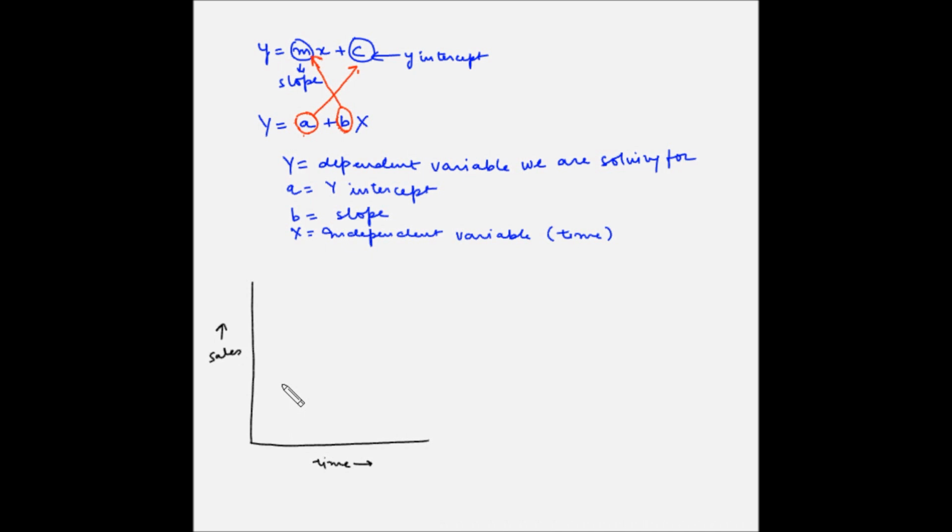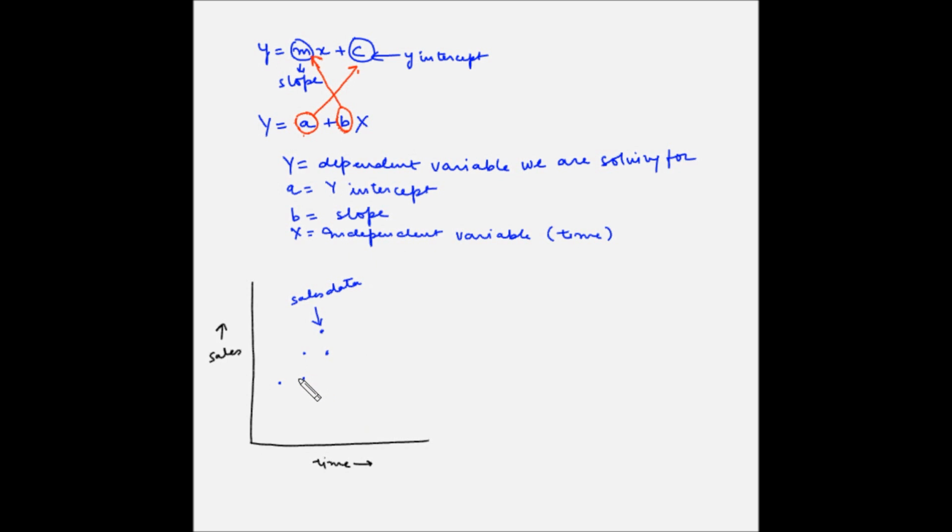Now I'm not plotting this to scale, but the points, if we try to plot on this graph, will look something, let's say, like this. So this is nothing but the sales data.